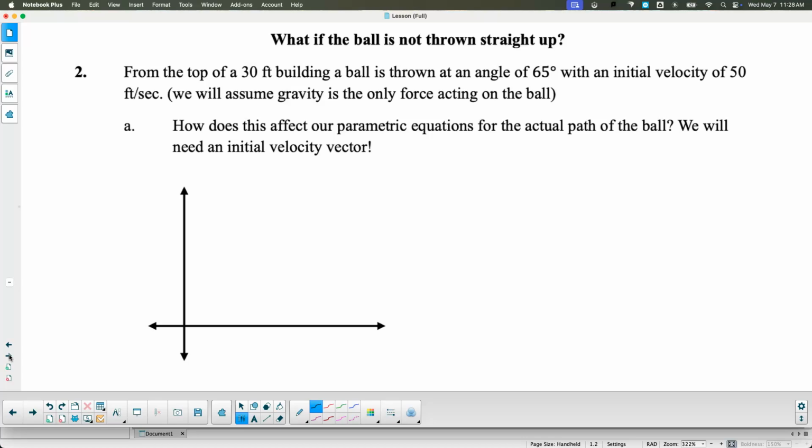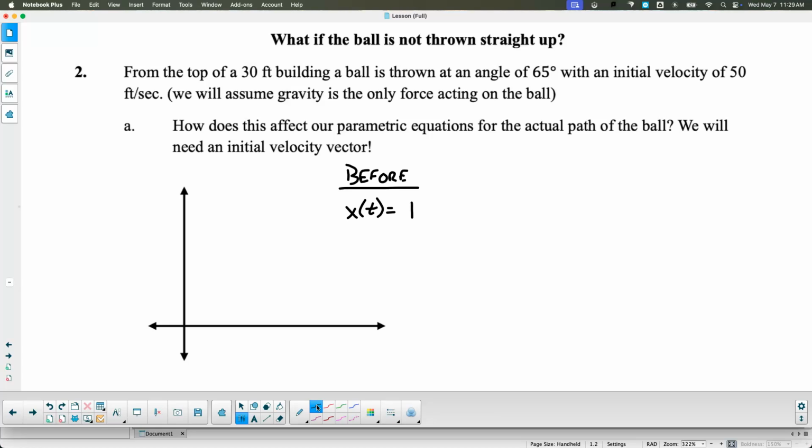So from the top of a 30-foot building, a ball is thrown at an angle of 65 degrees with an initial velocity of 50 feet per second. We will assume gravity is the only force acting on the ball. How does this affect our parametric equations? Well, before, like 5 minutes ago, our x of t was just some number.